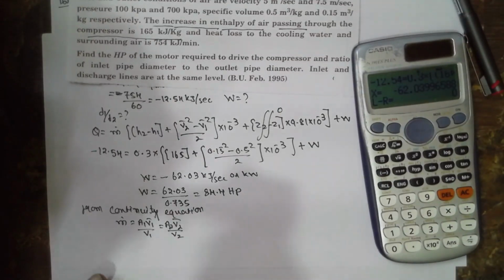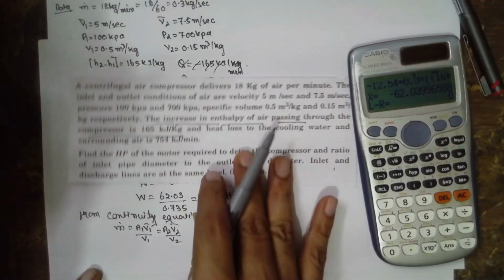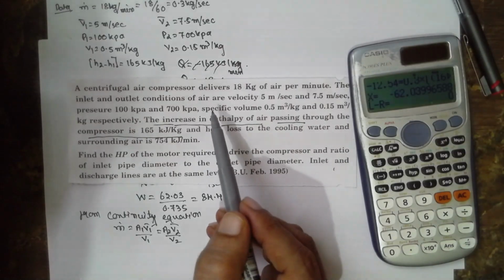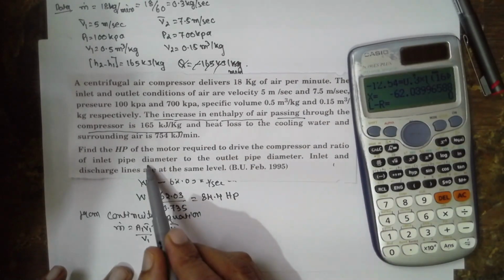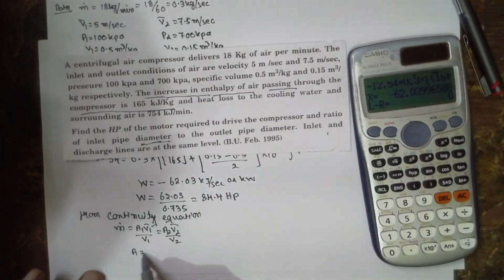We are using this. Because it is circular in shape, and they have mentioned it in terms of diameter, the area will be pi by 4 into d square.